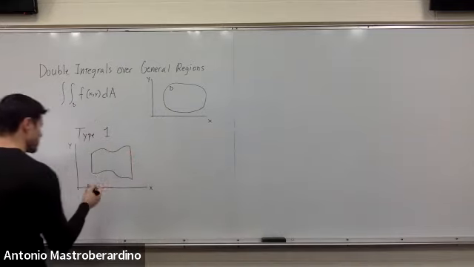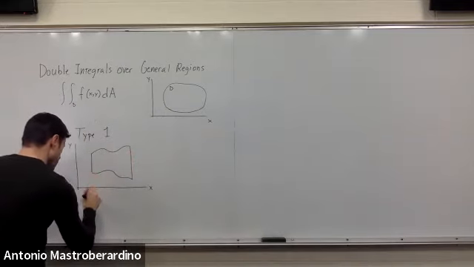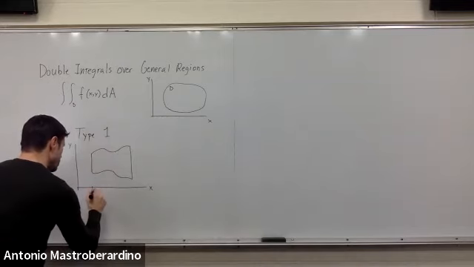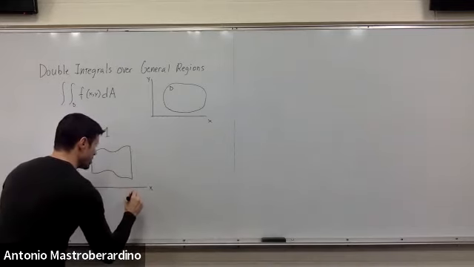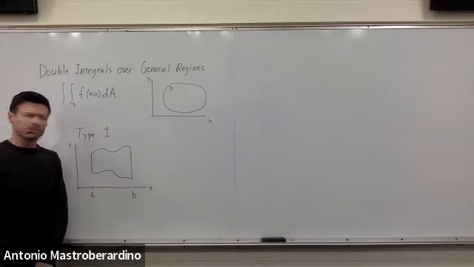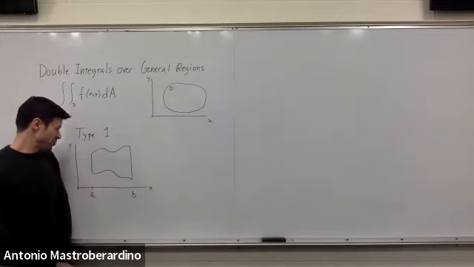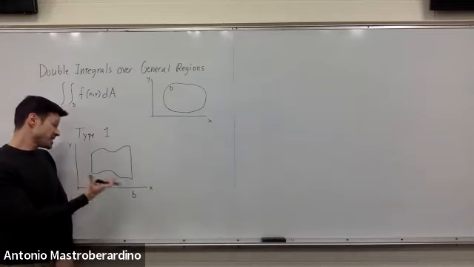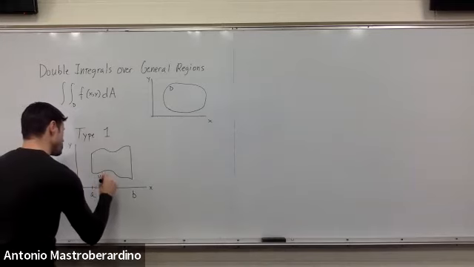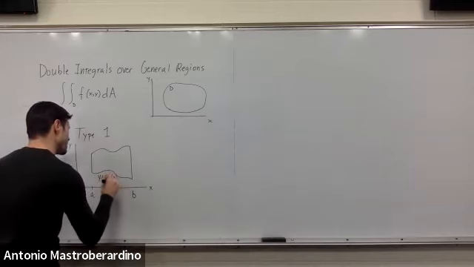So you'll see that the way this is formed, there are these vertical line segments that form boundaries on the left and on the right. Okay, and the other parts of the boundary are these curves. And the thing that is nice about these curves is that each of these curves can be considered to be y as a function of x.